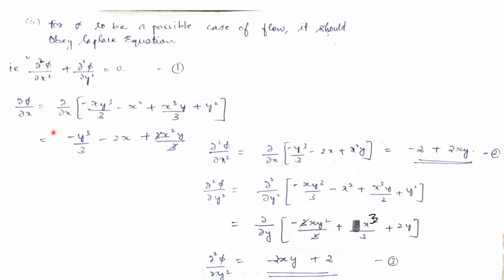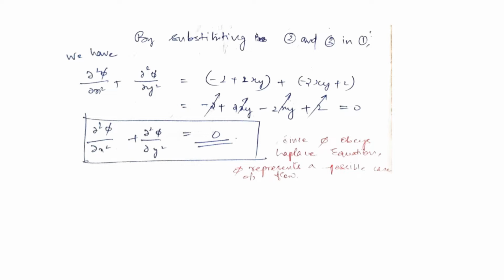And what was the previous term? The previous term, dou square phi by dou x square, was minus 2 plus 2xy, that means this and this cancels. Adding these two, substituting them in the first equation, we have minus 2 plus 2xy plus minus 2xy plus 2.